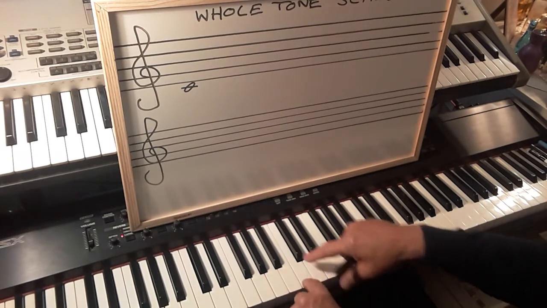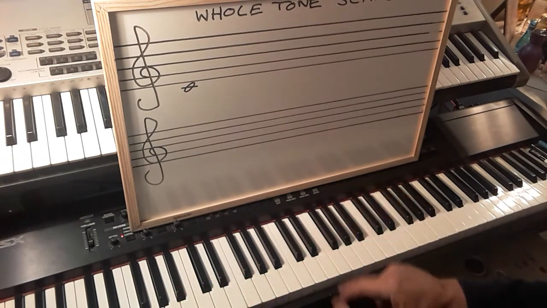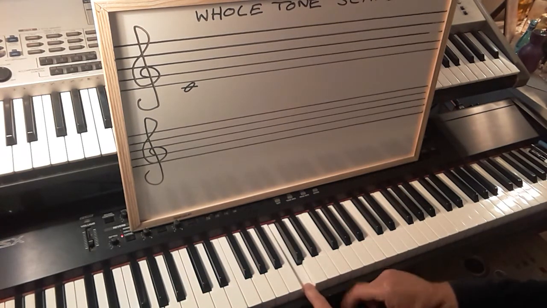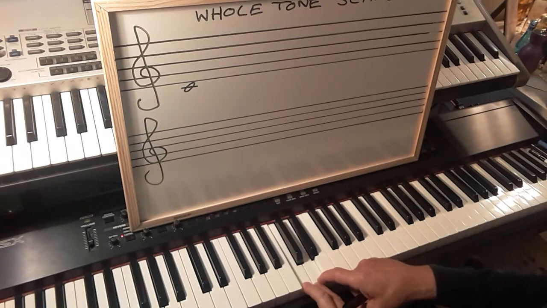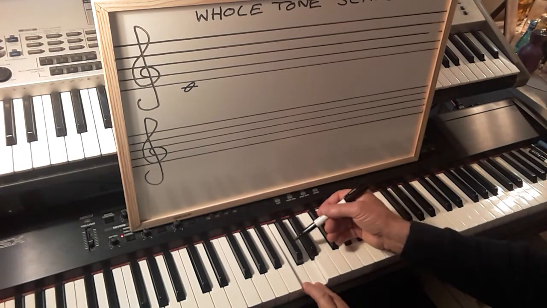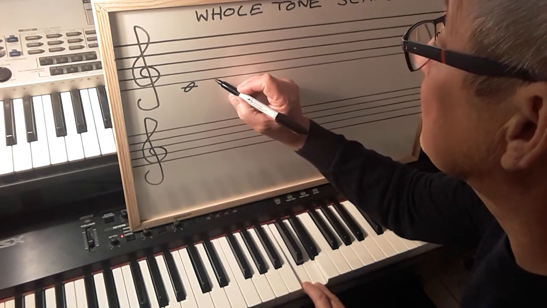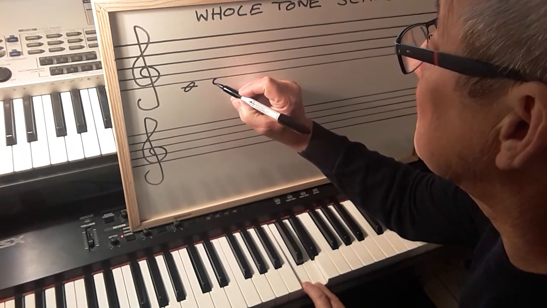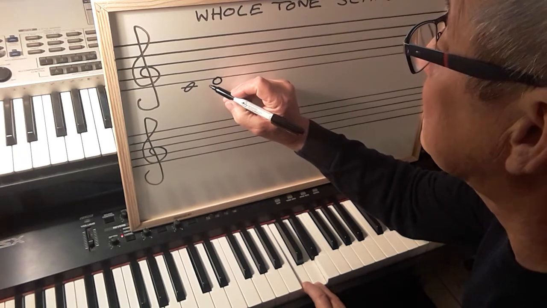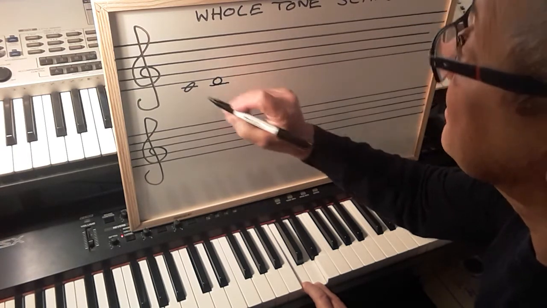Two semitones equals one tone. So from C to D is a tone because we've got the presence of the note in between. So the next note that we want is D, and that's in between there. I'll put the ledger line there so you can see.